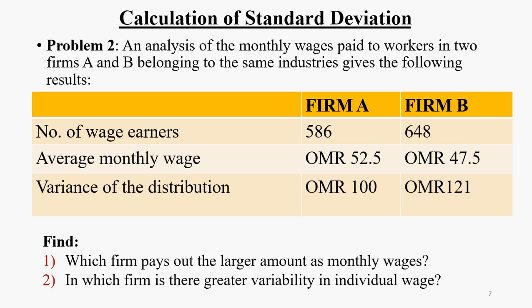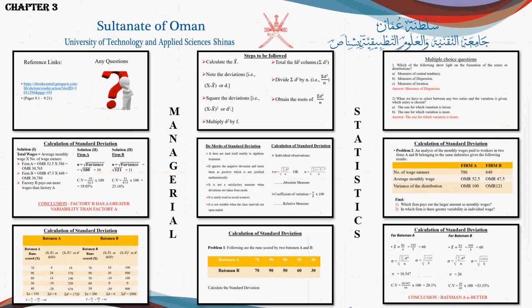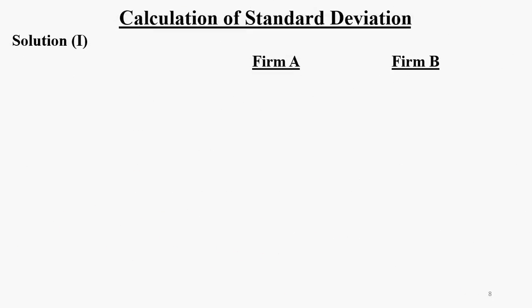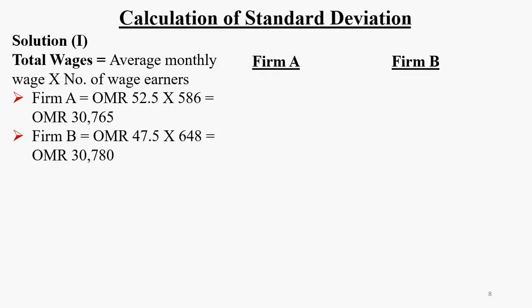So how to calculate? Let us find out the steps to calculate one by one. So we need to calculate for firm A and firm B. What we need to calculate? Step number 1, we need to calculate the total wage. How to calculate? Average monthly wage multiplied by number of wage earners.